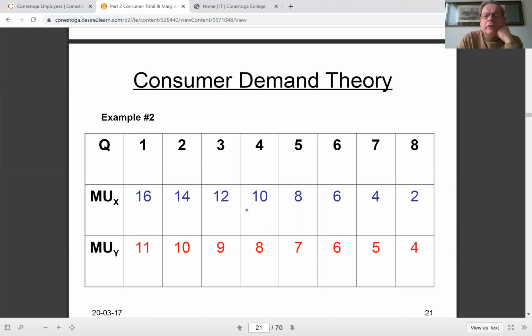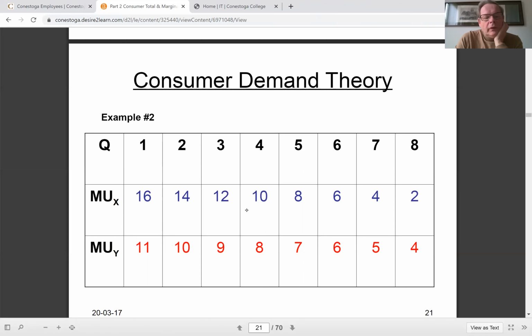X costs $2, Y costs $1. So what we have to do is spend our money in two $1 lots. So if we can spend $1, we have enough to buy Y, or we can spend $2 at a time and buy X.